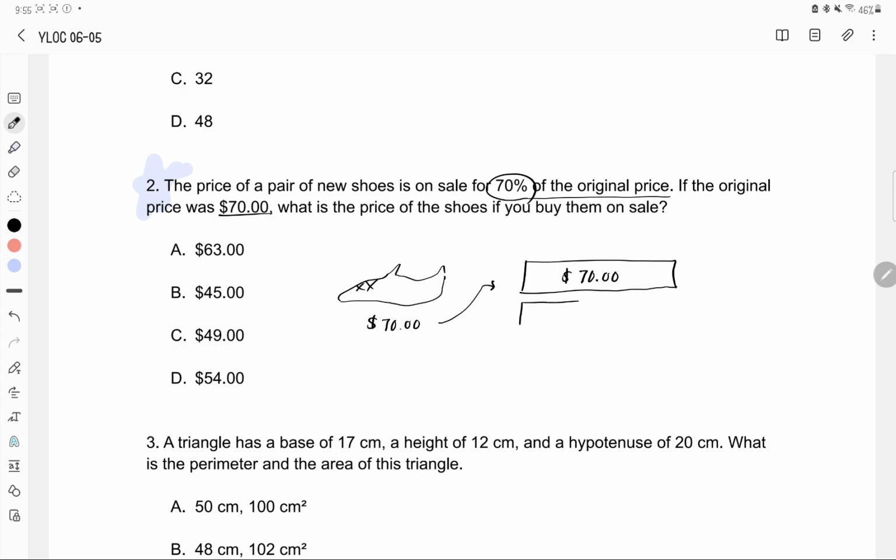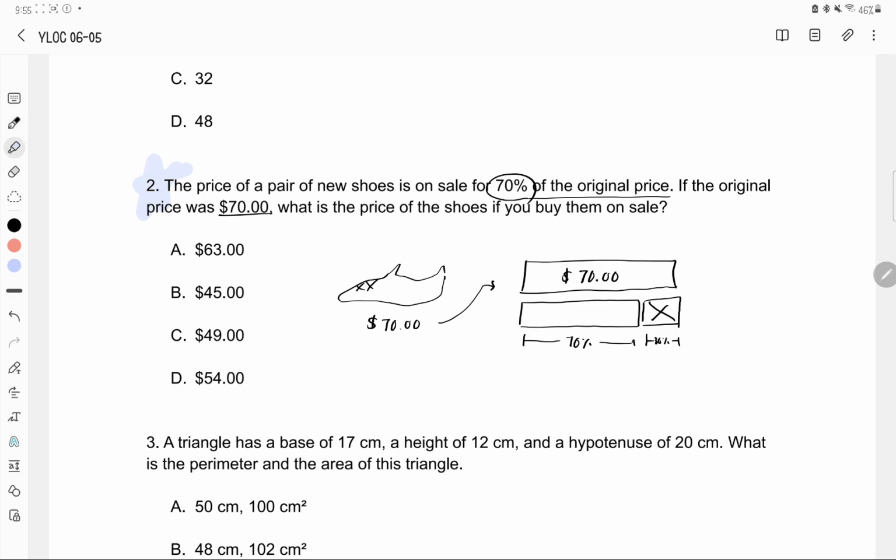So you're paying only this amount, right? This is 70%, and we can also say that you're not paying 30% of the original price. So this is the amount of money that you're not paying.